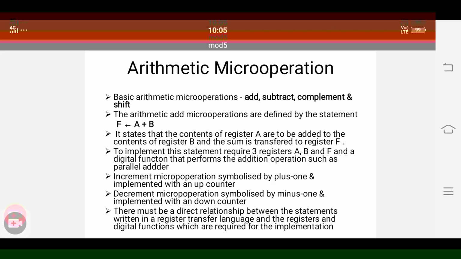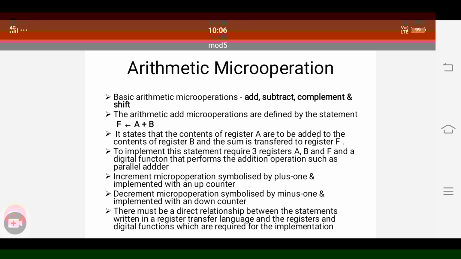If F is equal to A minus B, it is a subtract operation. For implementing that operation, we need three registers F, A and B, and a subtraction operation using a parallel adder.